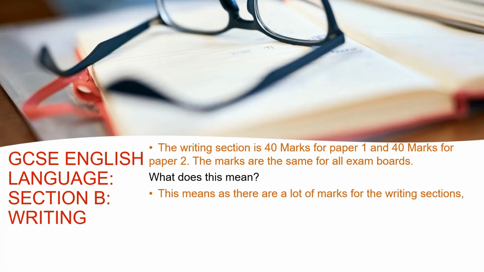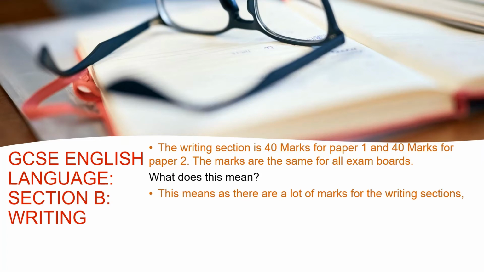So the focus shouldn't just be on the reading, because for most of the papers, except in maybe 1 or 2 occasions, the marks are equal. So all the reading, all the language, the structure, the evaluation that we've looked at will be 40 marks. And then you have the writing paper, this aspect on its own, which is another 40 marks.